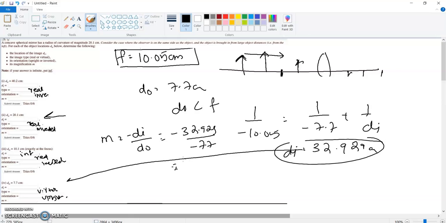So the magnification factor will turn out to be minus 32.929 divided by minus 7.7. So your magnification factor is turning out to be a positive number, and it's turning out to be 4.27649, right? It's a positive number.